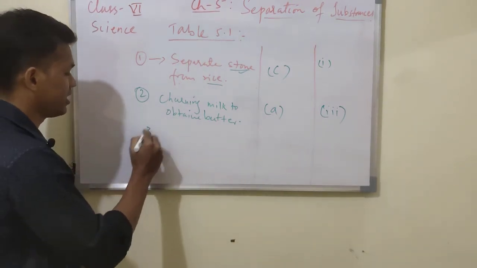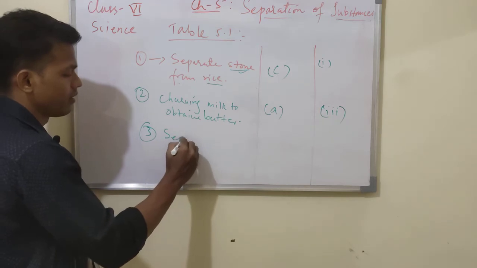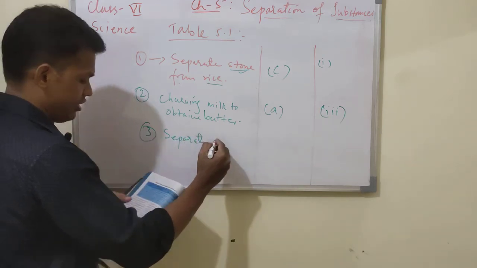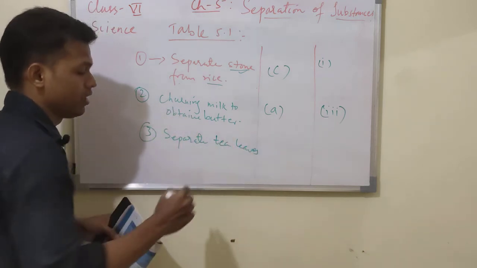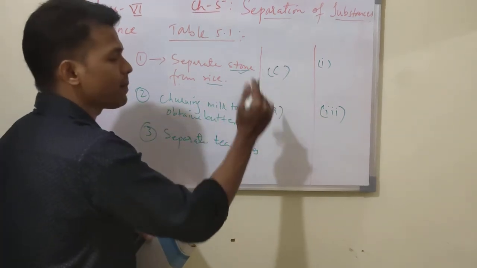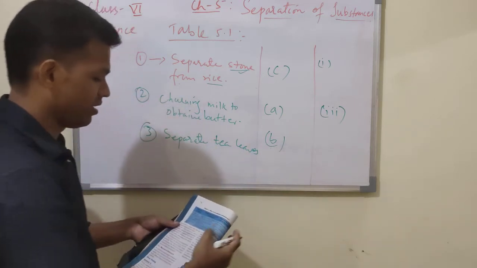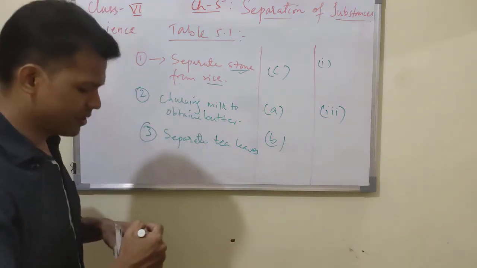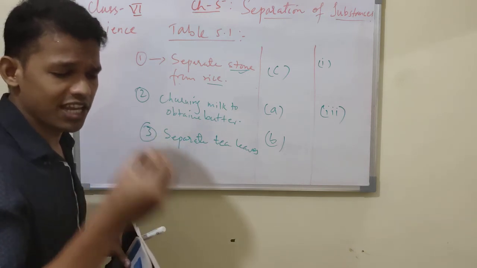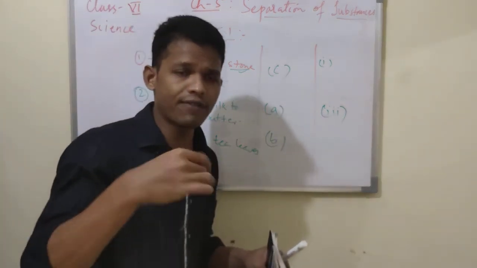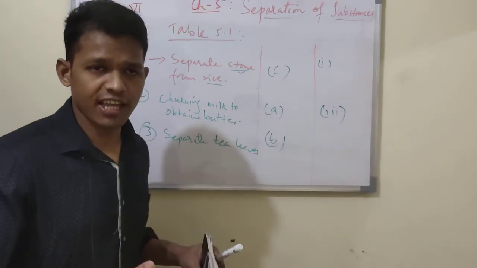Next one is separating tea leaves. Tea leaves means option C is complete, and B only: to remove non-useful components. We cannot consume the leaves, the tea powder, the broken leaves left over after preparing chai.